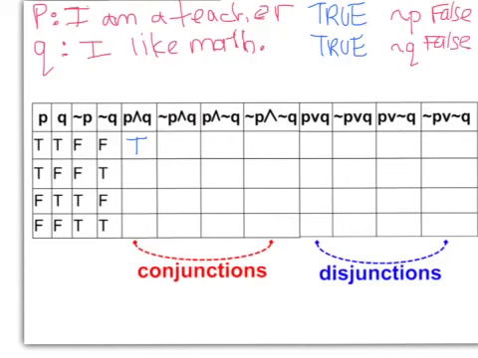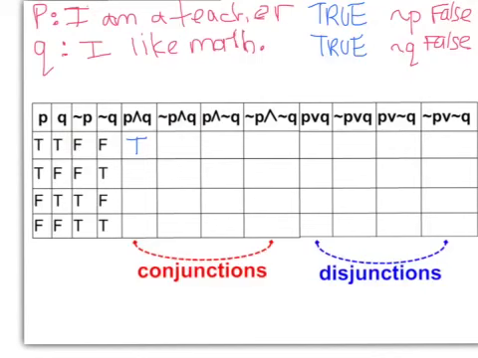So now we're looking at not P, which is false, and Q. So I am not a teacher and I like math. Well, this whole statement is not true because saying I am not a teacher is false and I like math.